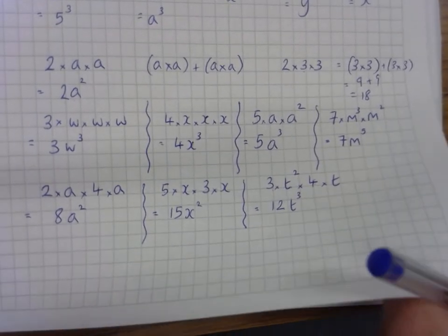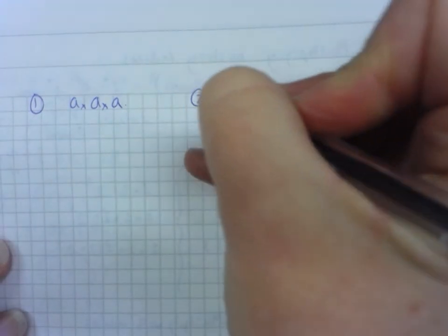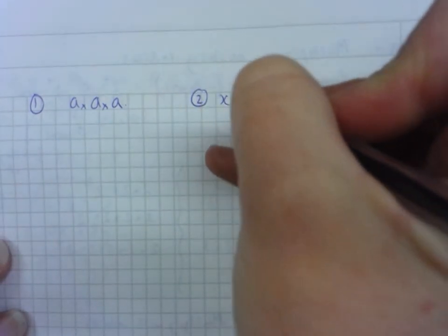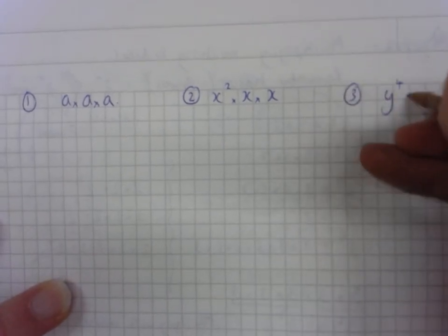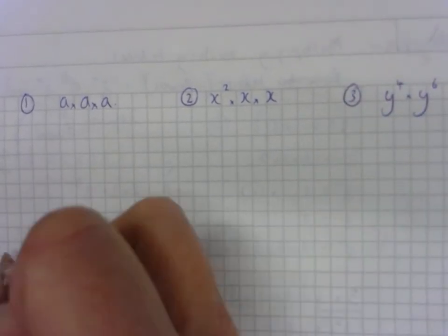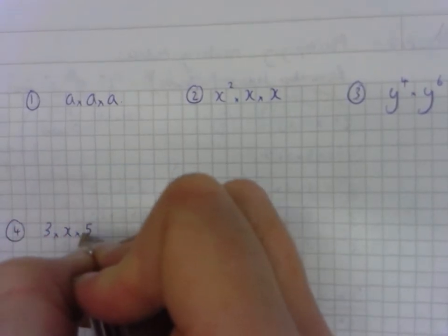Now pause the video for a minute, and I'm going to put some questions up on the next page. So here are the questions that I'm going to put up. Question 1, a by a by a. Question 2, x squared by x by x. Question 3, y to the power of 4 by y to the power of 6. Question 4, 3 by x by 5 by x.